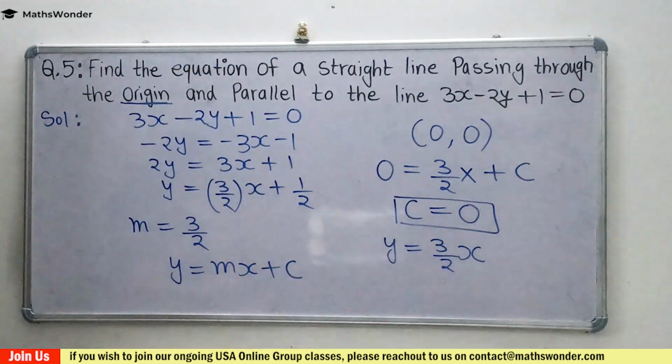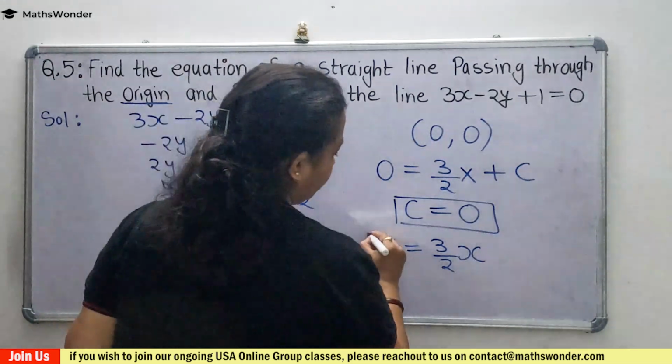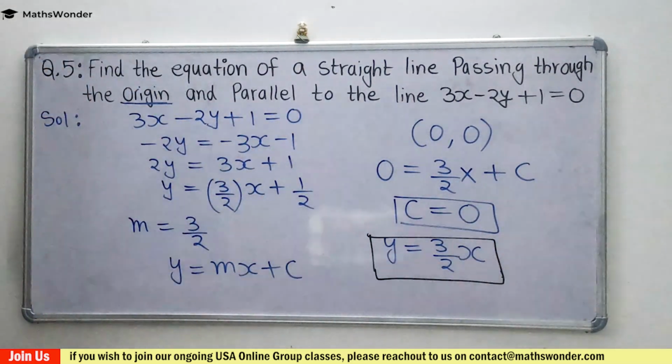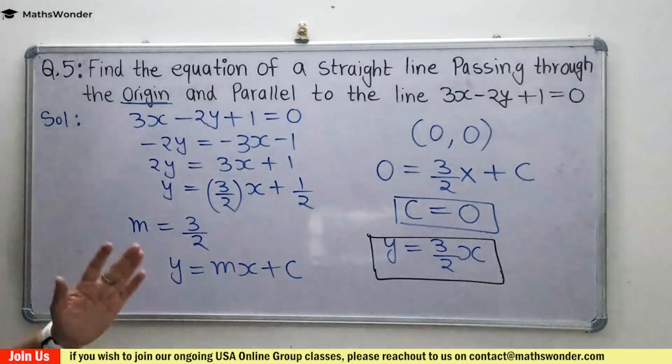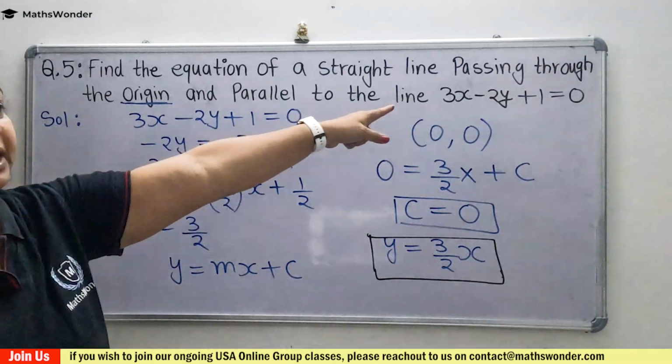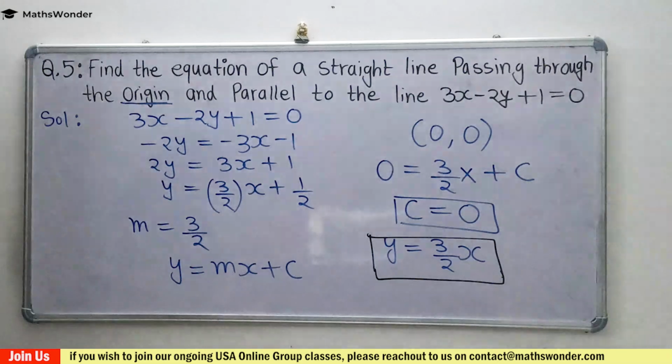We are not writing the 0 because it's plus c. So y is equals to 3 over 2 x. This is parallel to the given line. When you draw the line, you will see it passes through the origin and is parallel to the line of the given equation.